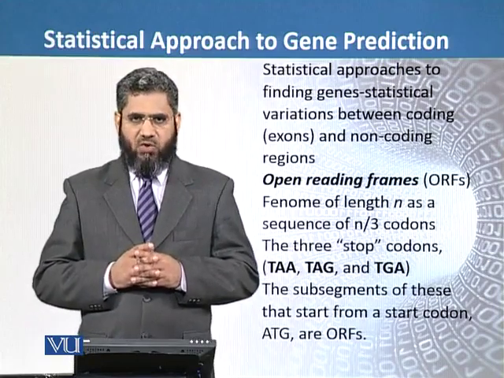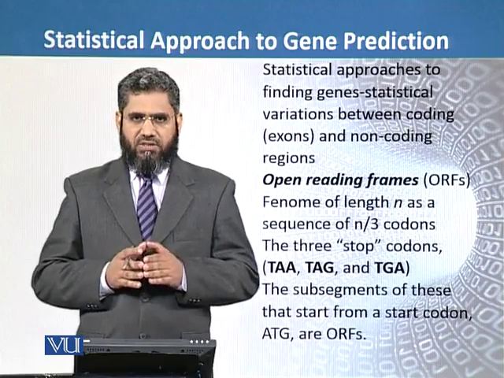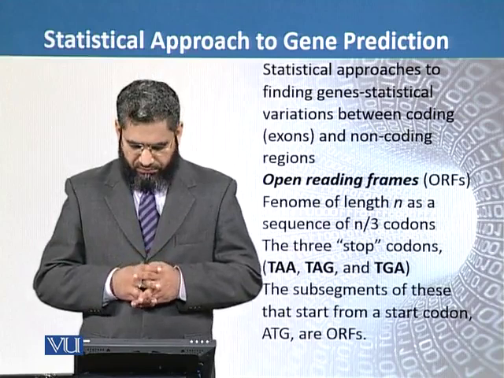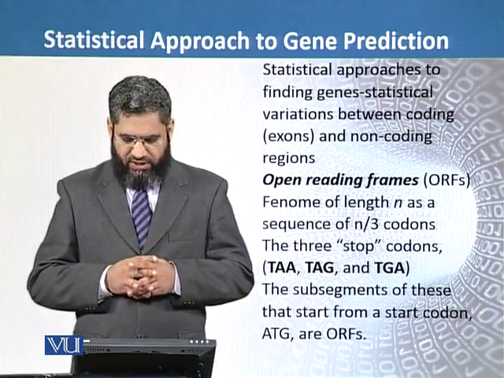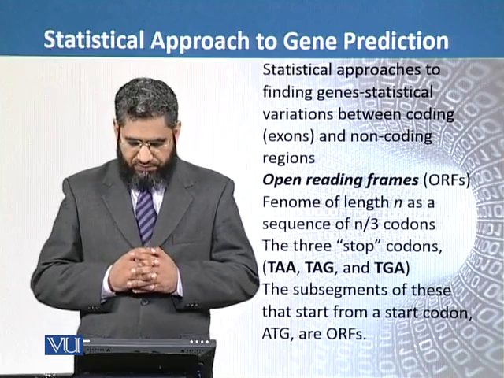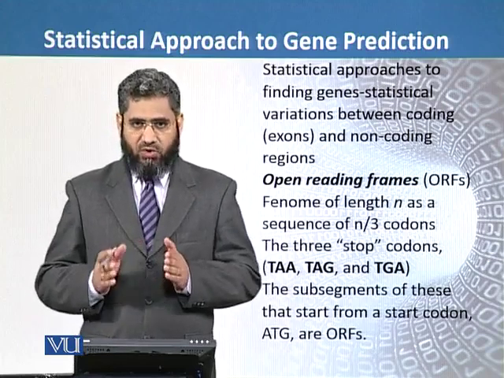And whenever there is a stop codon, the gene is separated and then the intron will start. So we can divide n by 3 and we will get the subsequent sequences and short fragments within the genome.